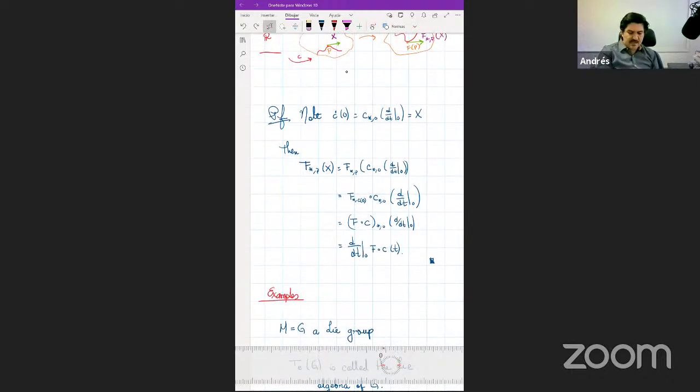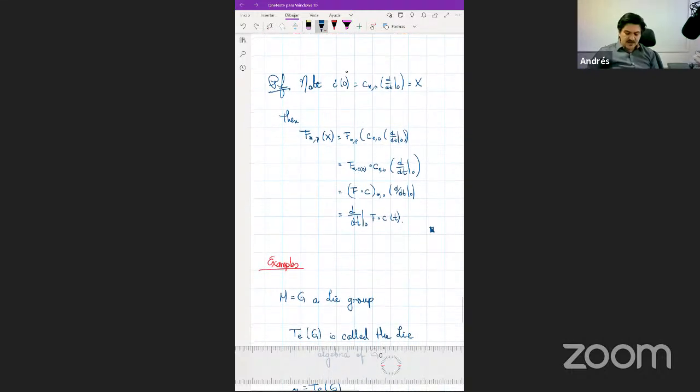So I have a Lie group. So remember that we have seen the definition of a Lie group. That is a group that is also a manifold, such that the product is a smooth function and the inverse operation is also a smooth function.